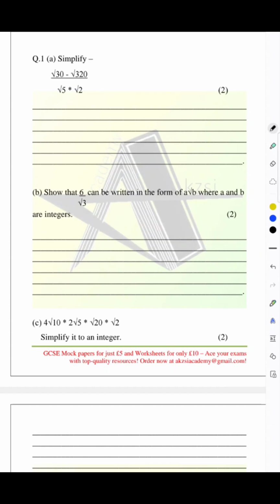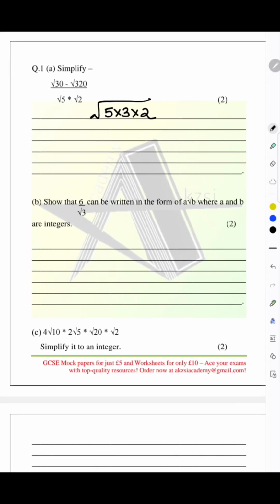If I prime factorize, it gives me root of 5 times 3 times 2. There's no repetition here, so you can't simplify root 30. It will be as it is.